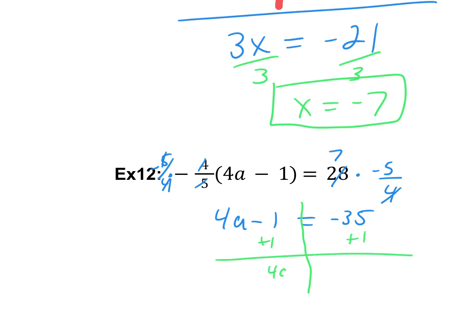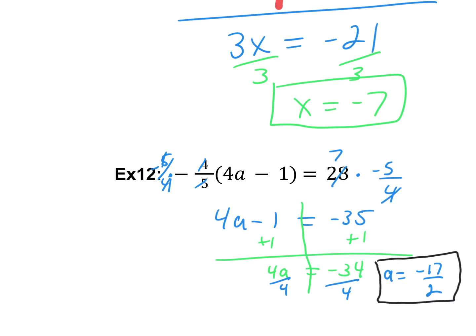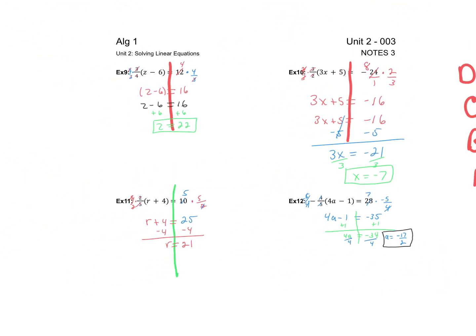Let's see, 4a is equal to negative 34. And then you're dividing by 4. And so you're getting a is equal to negative 17 over 2. And you're going to leave it as an improper fraction. Now that we're in algebra, decimals can be dicey, and we're leaving things as improper fractions.